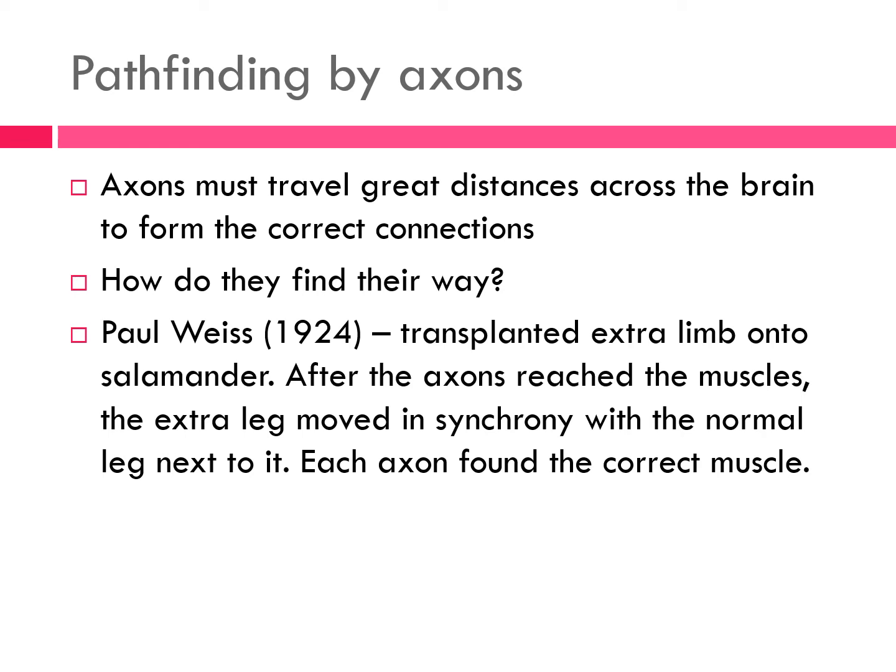But that's not really what happened. He dismissed this idea that each axon was actually finding the correct muscle. But we're going to find out from his student, Roger Sperry, that that is exactly what happened. Each axon found the correct muscle.